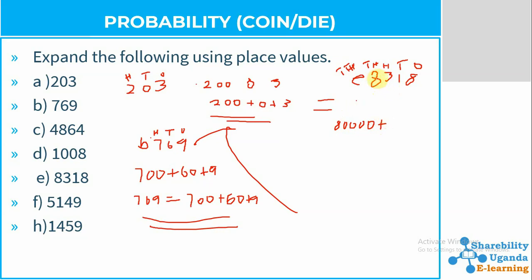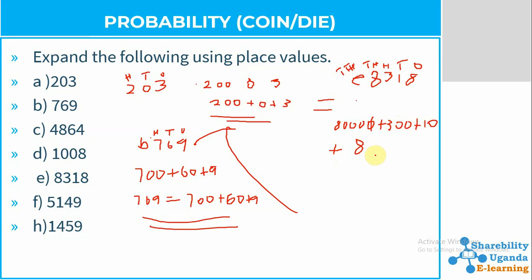our 8, starting from 1,000. So this is going to be our 1,000 times 1, plus 300. Okay, then we'll add plus 10, and then also plus 8.